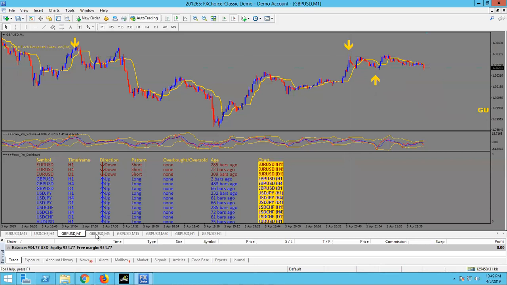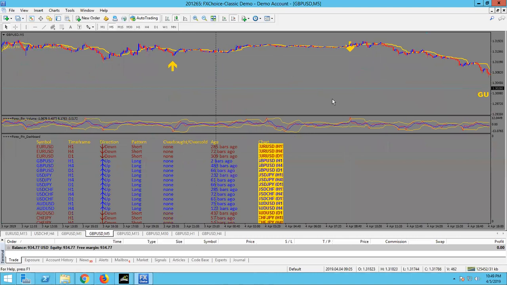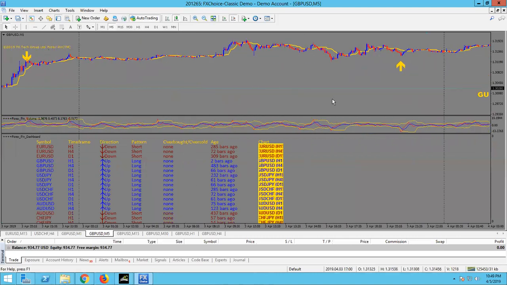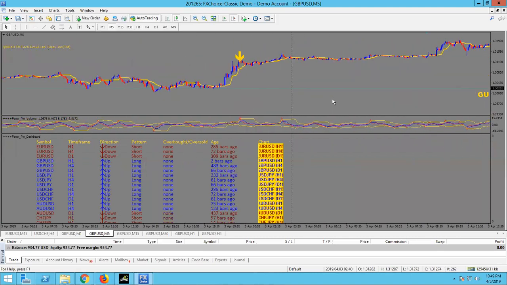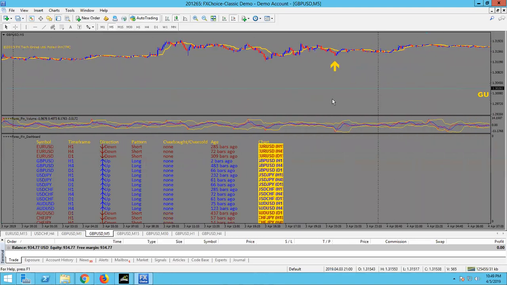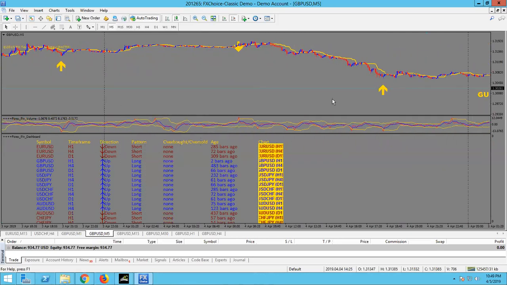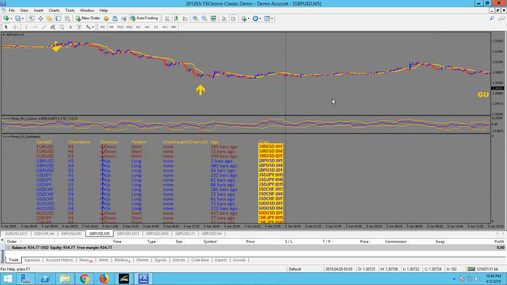Okay, so here is GBP USD on the 5 minute. Again, not recommended. But you can see that the arrows do appear. And what I do is put it small like this to scroll back and look.